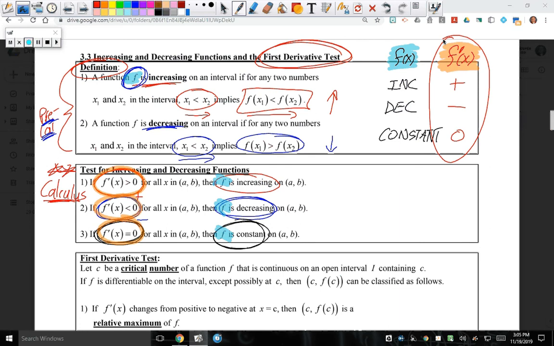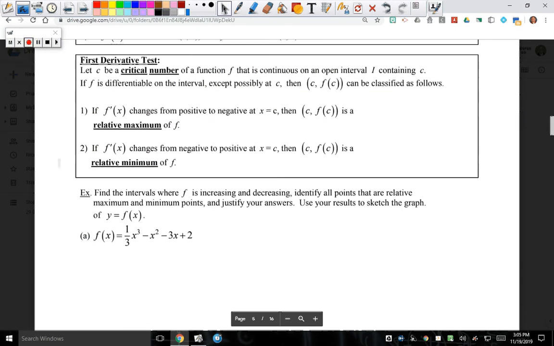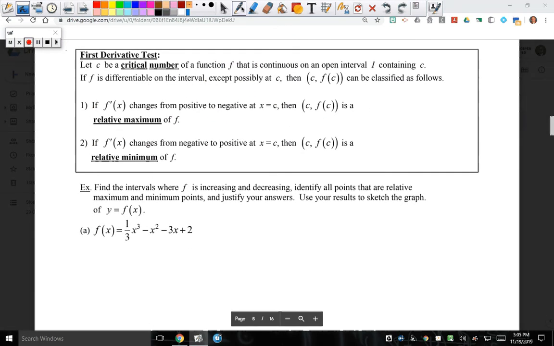Okay. So let's go to first derivative test. The first derivative test obviously uses the first derivative. This doesn't mean this. It doesn't mean that. It means the first derivative level from whatever it is that you're analyzing.